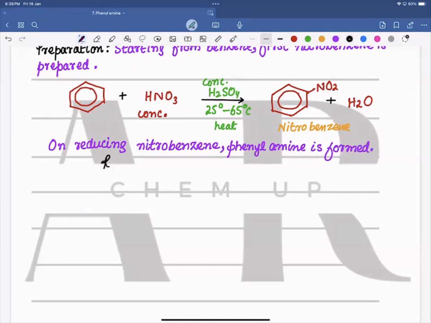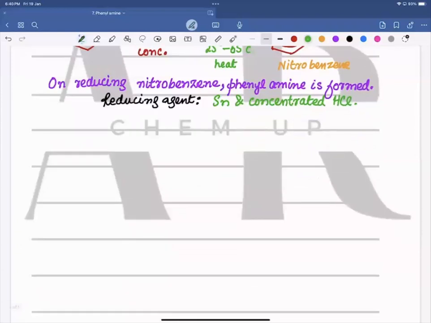In this reduction, the reducing agent that we need is tin metal and concentrated hydrochloric acid. The condition is heating under reflux.